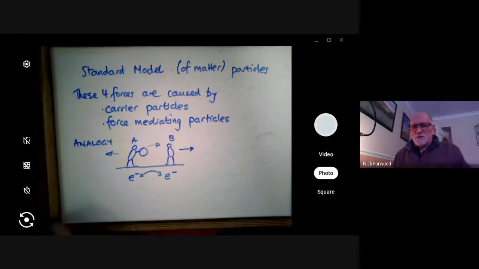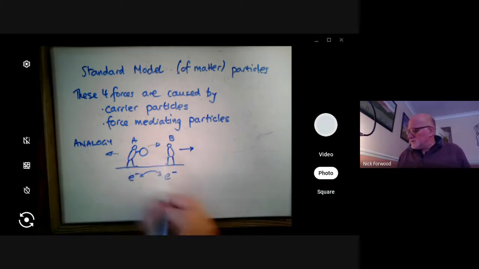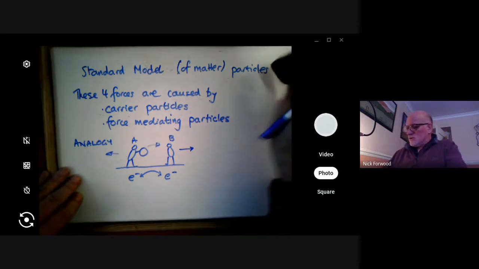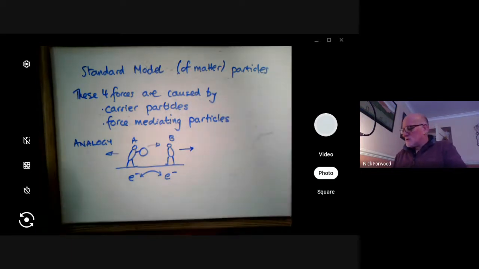Okay, so each of the four forces that we've looked at, gravitational, electromagnetic, weak and strong force, are all caused by particles being exchanged backwards and forwards between two things. And I want to look at and name what the particles are called.